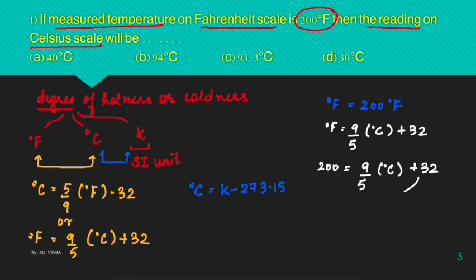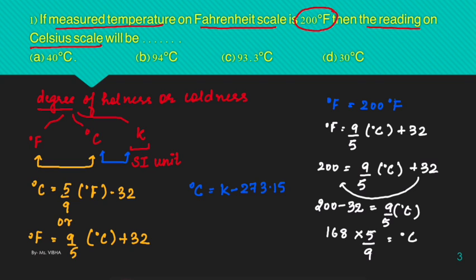We'll take this 32 to the other side, so it will become minus. So 200 minus 32 is 9/5 degree Celsius. That is 168 into 5/9 is degree Celsius. After solving, we have 93.33 degree Celsius. So the answer is C part.